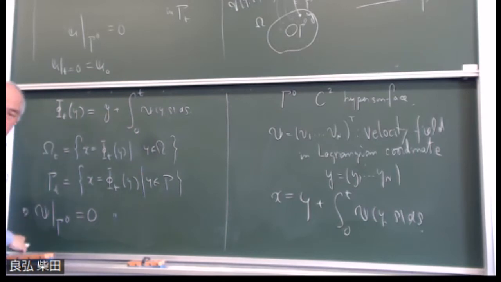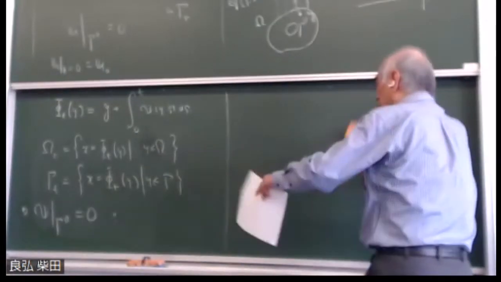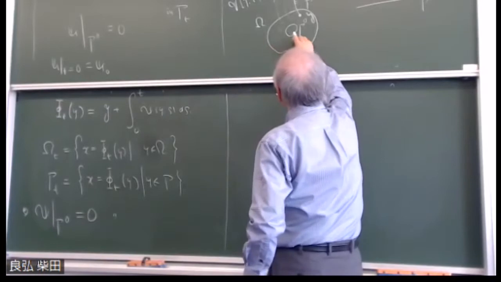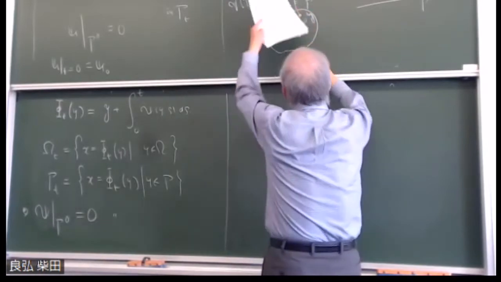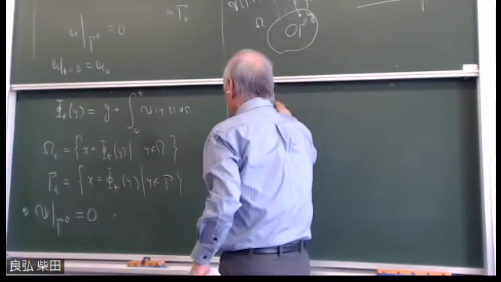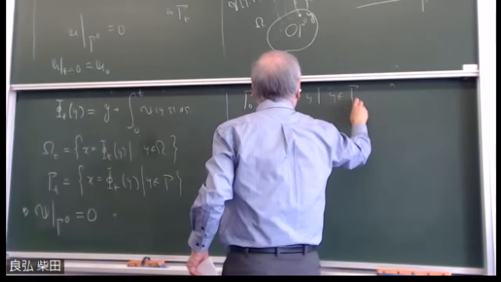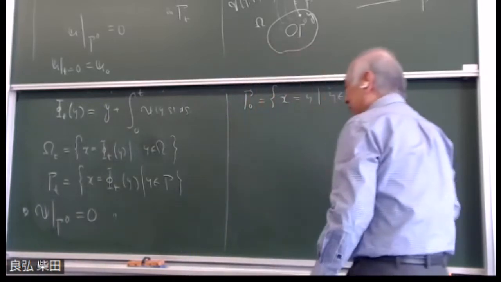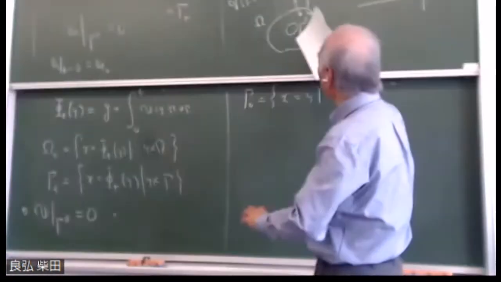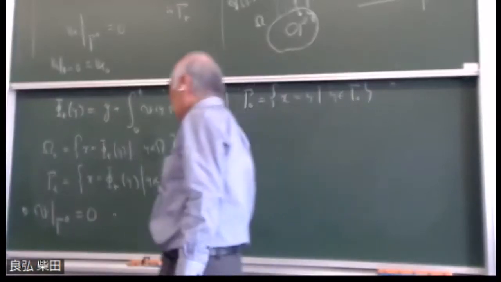So under this condition, gamma 0 always goes to gamma 0.